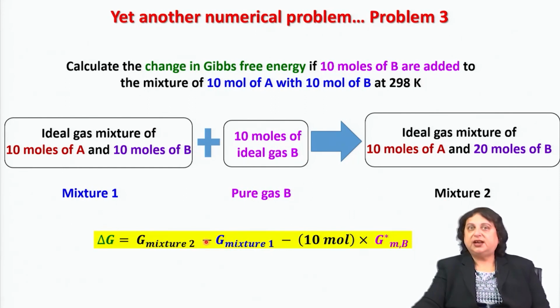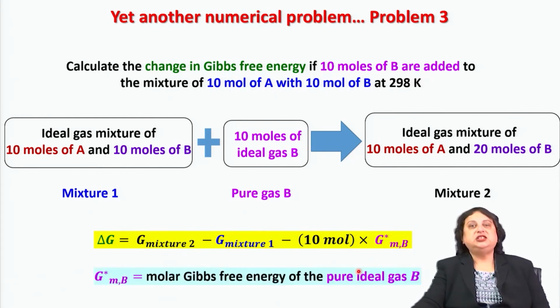In the G initial there are two parts, one is that of the mixture 1 and the other one is that of the pure gas B. So, G initial I have written as G mixture 1 and the other contribution is the G of 10 moles of the ideal gas B, and here that I write as 10 mole into G star MB, where G star is the molar Gibbs free energy for the pure ideal gas B, a notation that I have already used.